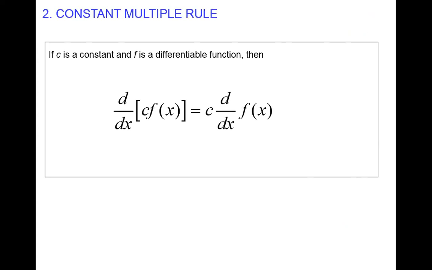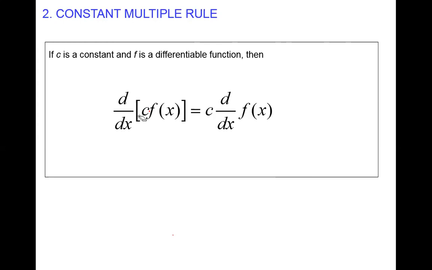Okay, now the second rule is the constant multiple. That's what I was kind of stressing, the constant. Now let's see. We do have a constant c times a function. That means, please remember, in this case, the derivative of the constant is not 0.